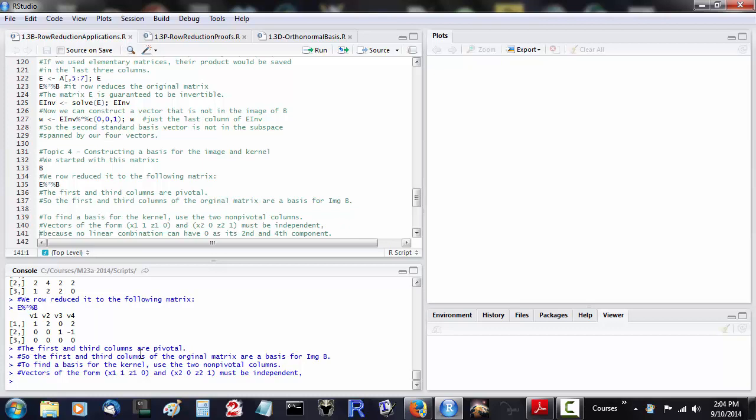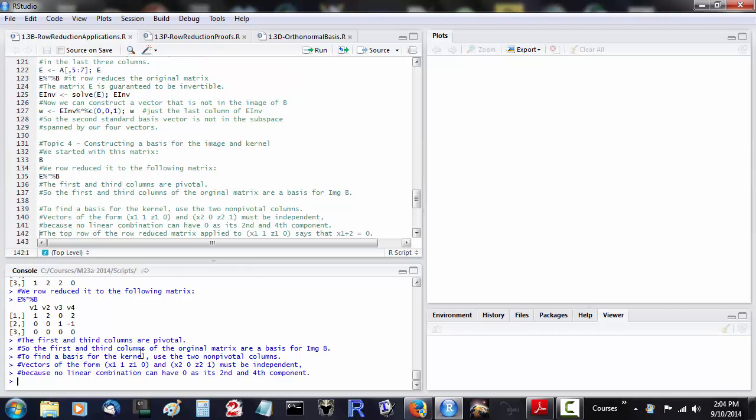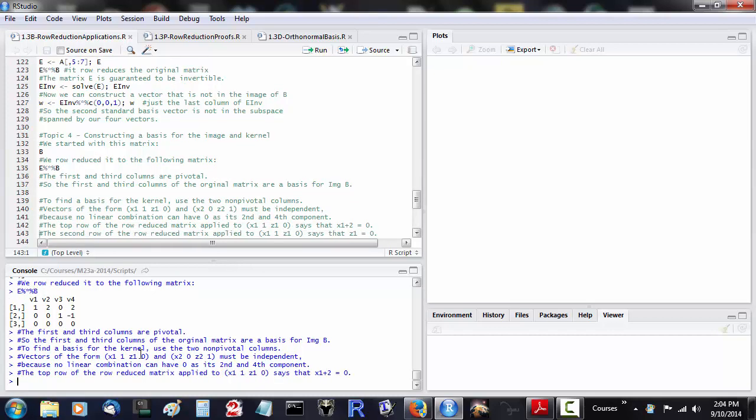The first one has a 1 and a 0 in the position of the two non-pivotal columns. The second one has a 0 and a 1. The other two components, the first and third components, are unknown. We've got to figure those out, but we can figure them out by using the row-reduced matrix.